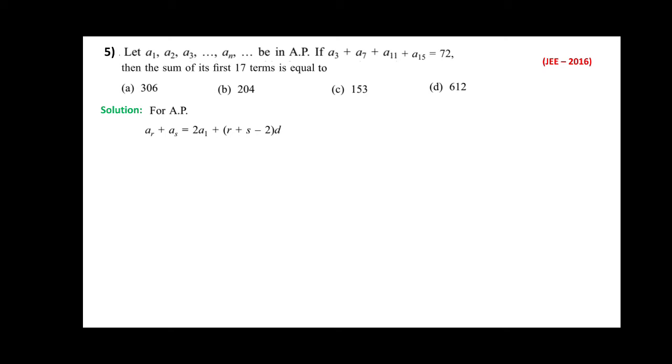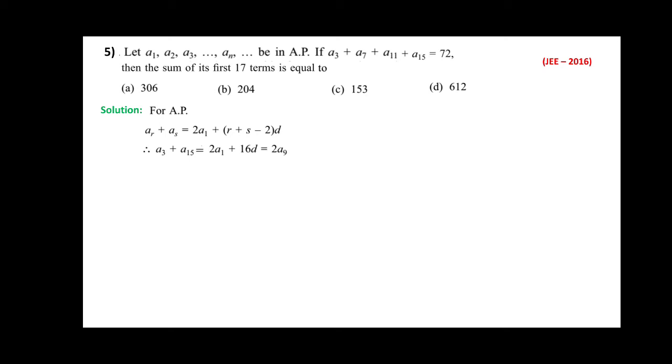So we can use this here. Similarly, we can find A3 plus A15 can be written as 2A1 plus 16D, where 16D comes from 3 plus 15 minus 2, that is 18 minus 2. Taking 2 common, it becomes A1 plus 8D, that is A9.